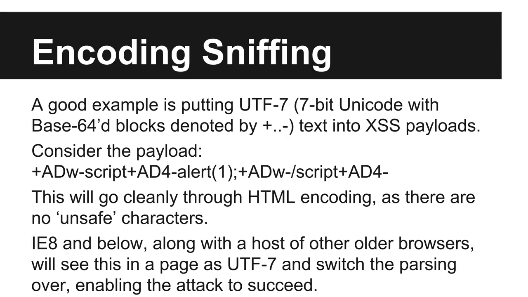So, the rule here is you should always be specifying an encoding and know what encoding the browser should be parsing it in so that the server and the client don't have a discrepancy. Same thing goes for MIME types. Always specify MIME types, no matter what. Even if you're just sending an octet stream, always set MIME types, no matter what.